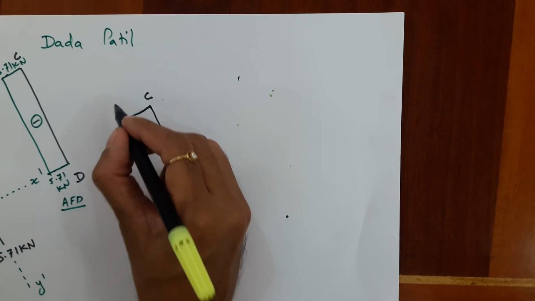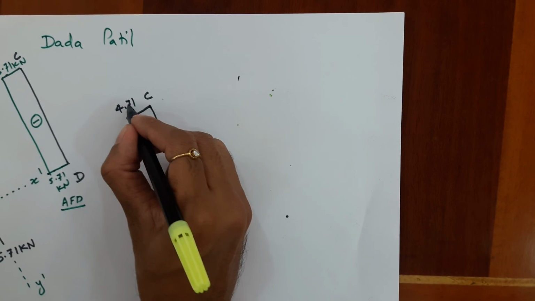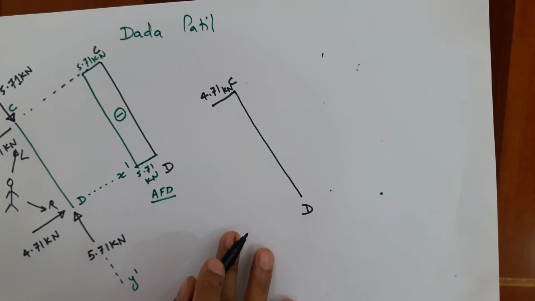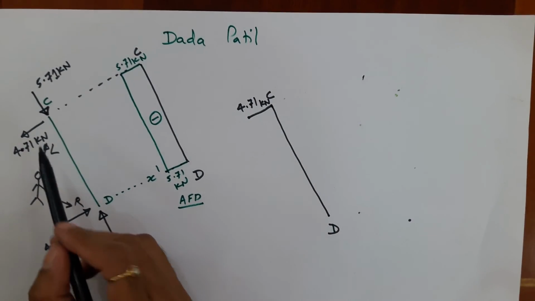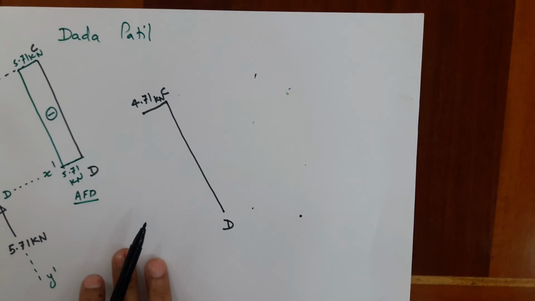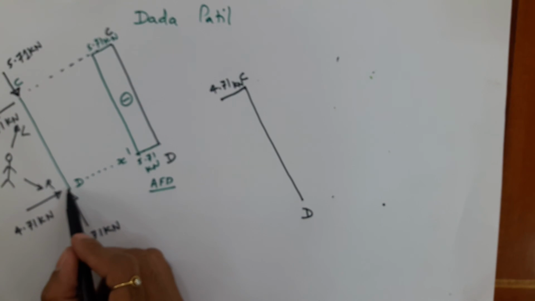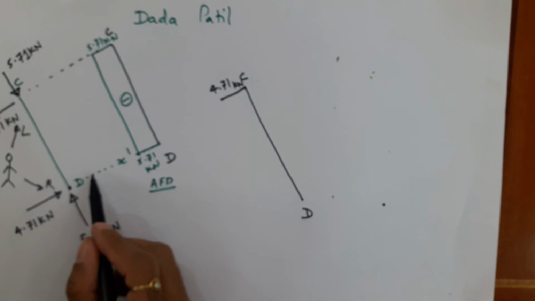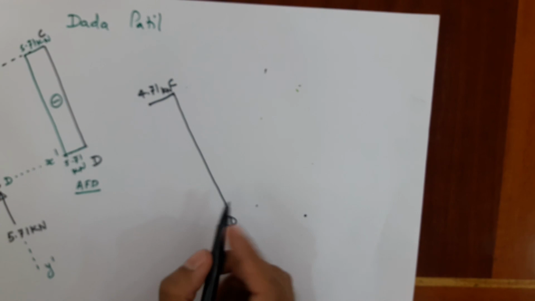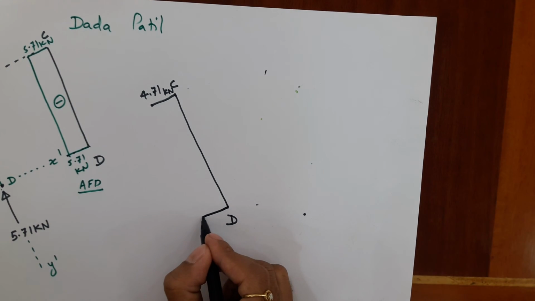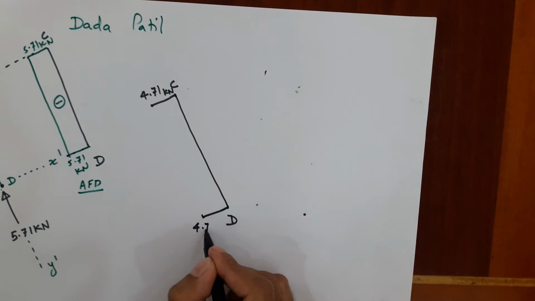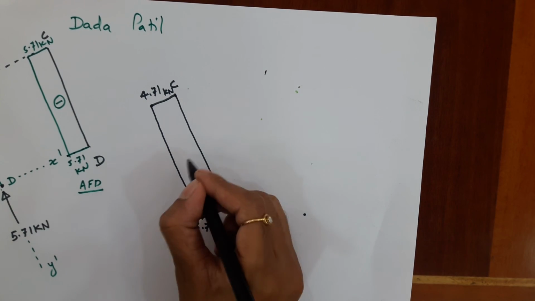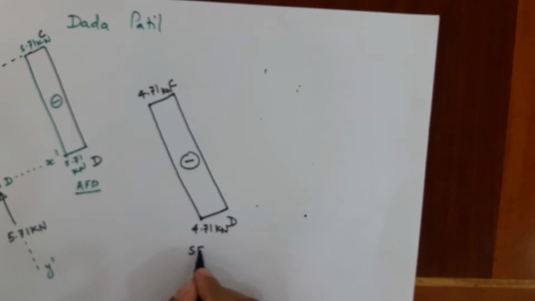So it is 4.71 kilonewton. Again, there is no force between C and D, therefore shear force will remain the same. Or even if you see directly the point D, because of 4.71 kilonewton, D is going up. So again, right up is negative. Either way, the answer will be the same. So I will join it with a rectangle that is negative. So this is SFD.